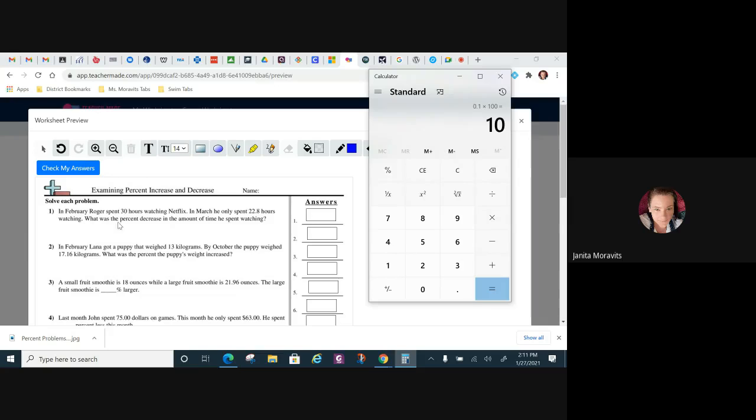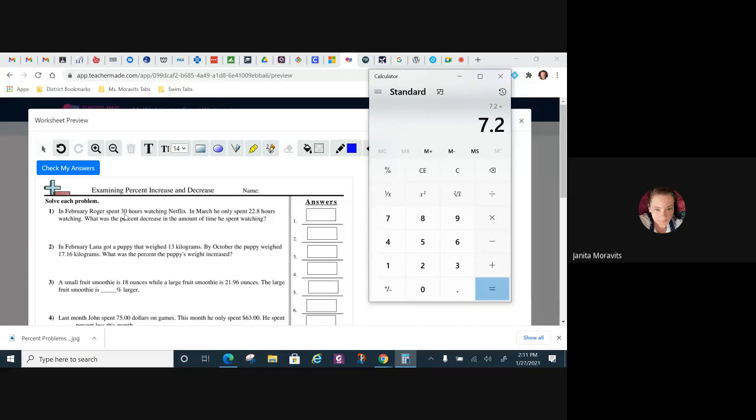Well, first of all, we have to take his 30 hours that he did watch, and we have to take away the 22.8 that he watched in March. So that's a difference of 7.2 hours. Now, we take the amount of the change or the difference and we divide it by the original amount.